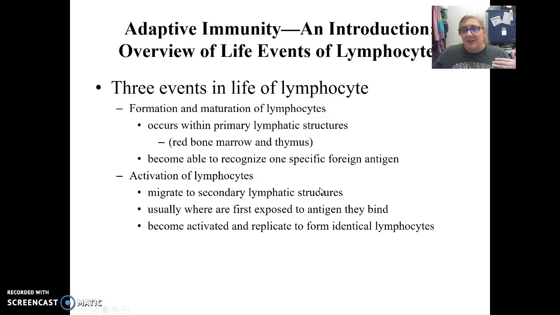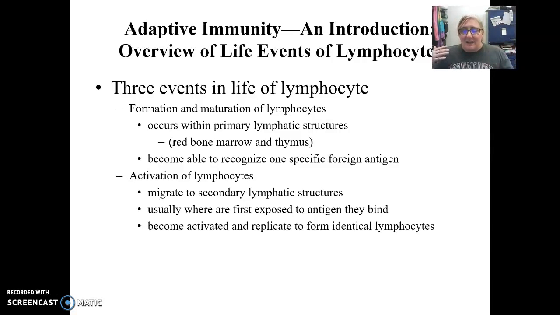T lymphocytes move to the thymus, where they are taught the difference between self and non-self. B lymphocytes stay in the bone marrow, where they're taught self from non-self. Then they become immunocompetent and move out into our lymphatic system, to lymphatic tissues, where they reside until they come across the first exposure of an antigen.